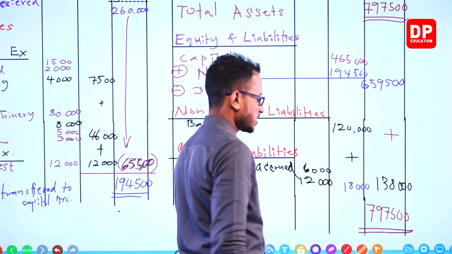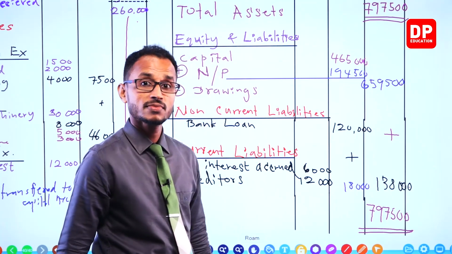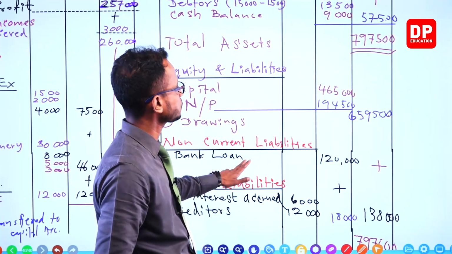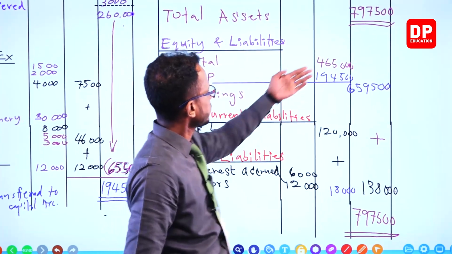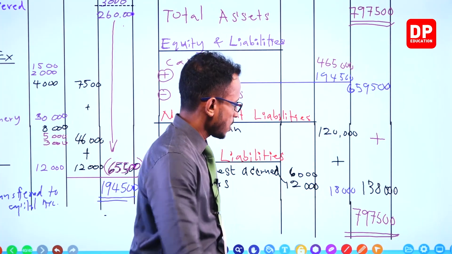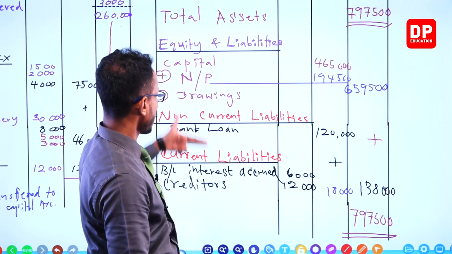Bingo! 797,500. That's right. We balanced the balance sheet. 797,500, 797,500. This is total equity and liabilities.